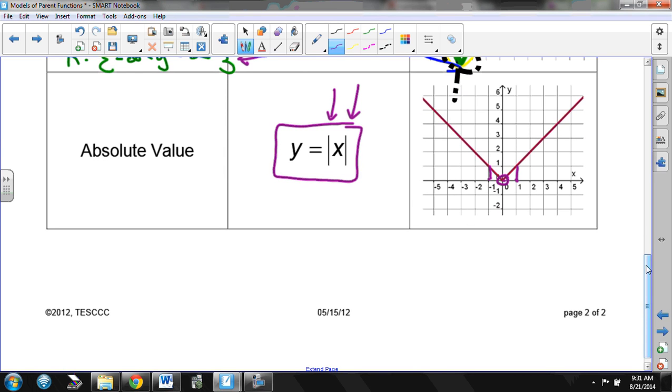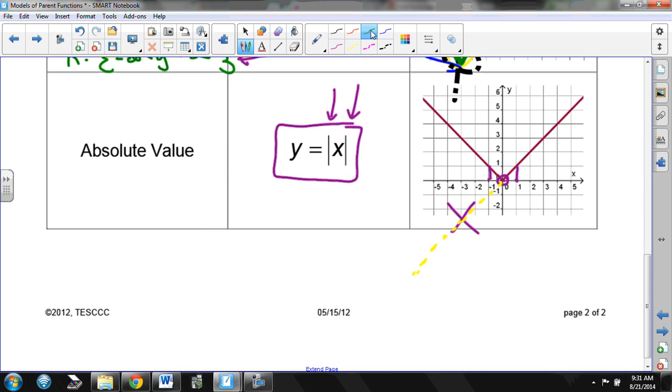So the absolute value function does not include negative y values. The linear parent function continues down this direction. The linear parent function included the negative y's. The absolute value function does not. We don't care that it's left. Negative is down.